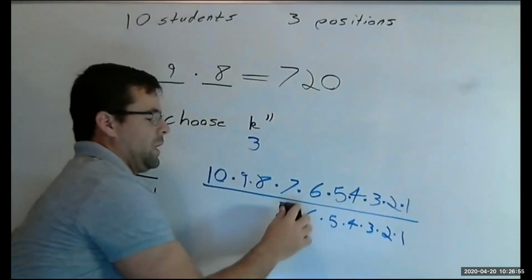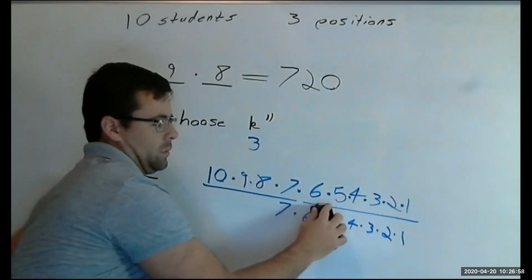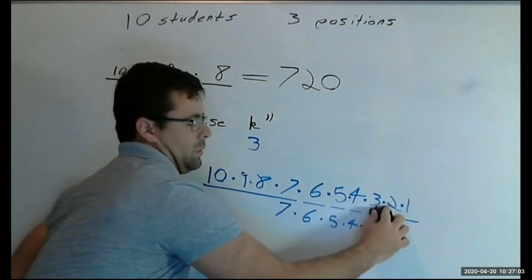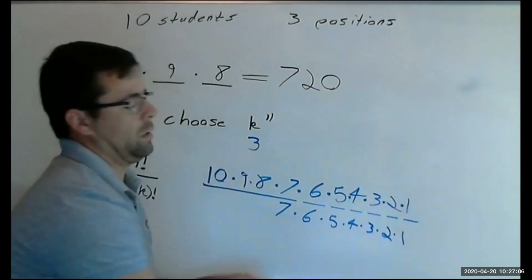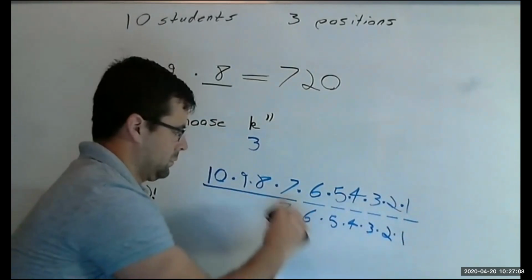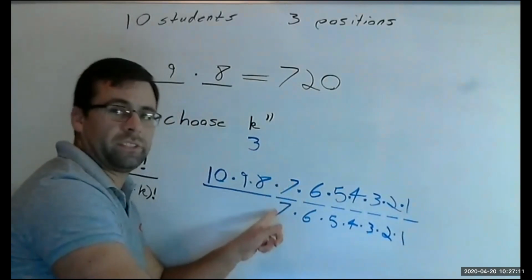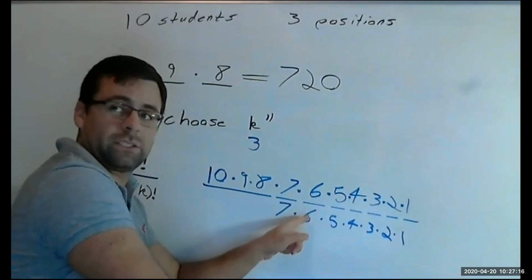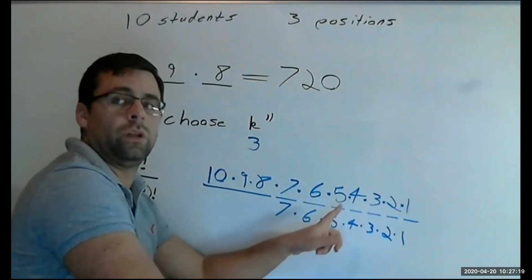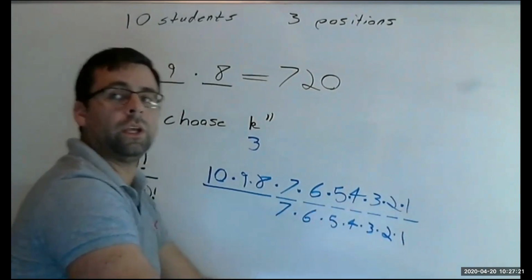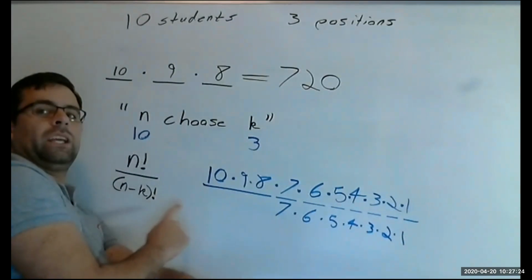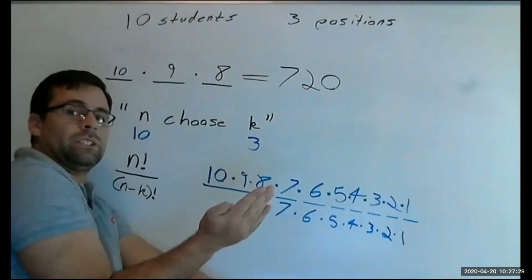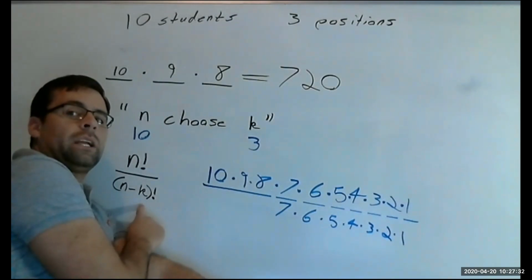So remember when we're multiplying fractions, what is 7 over 7? Just 1. 6 over 6? 1. 1, 1, 1, 1, 1, 1. So n factorial over n minus k factorial just means n factorial down to n minus k.